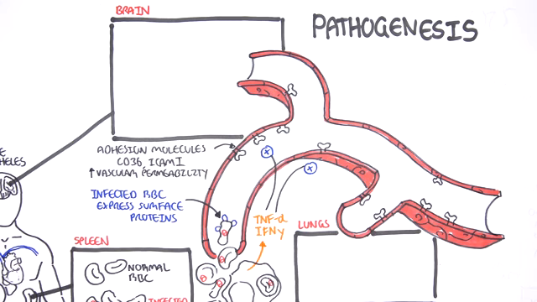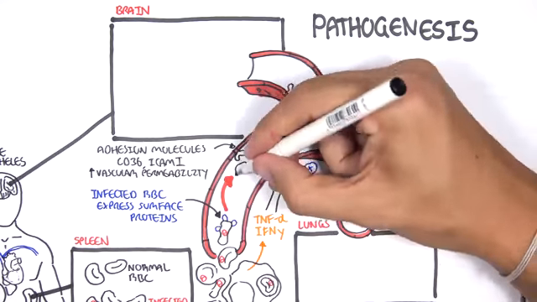Depending on the location of the organ, the adhesion molecules expressed by the endothelial cells are different. So for example, in the brain, it is CD36 and ICAM1 that are expressed on endothelial cells. So what happens is that if an infected red blood cell does not bind to an adhesion molecule on an endothelial cell, it will be cleared up by the splenic macrophages.